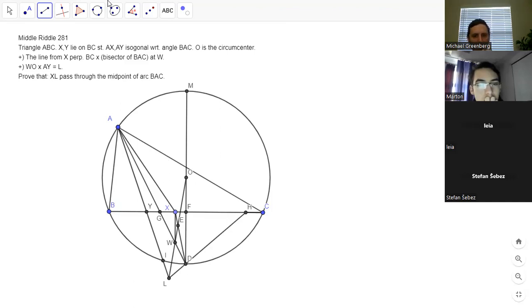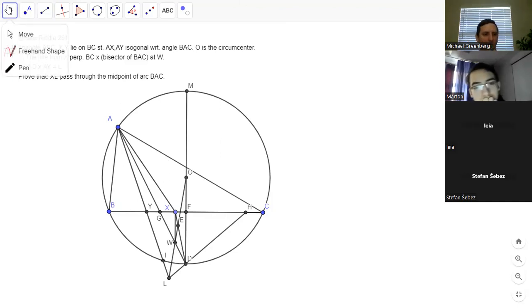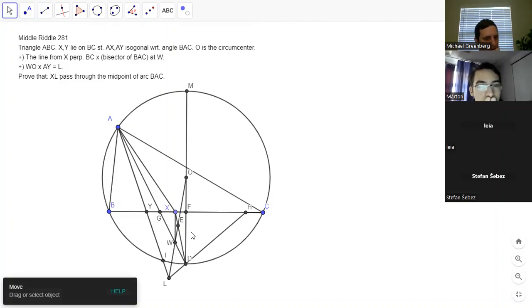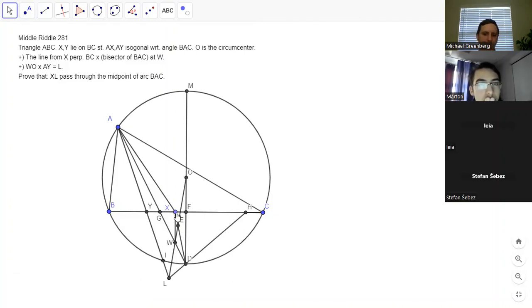Okay, I think we can use moving points. So how would that work? We have this point X, which is a variable, and we want to show that there exists a projective transformation which sends X to H in this picture.